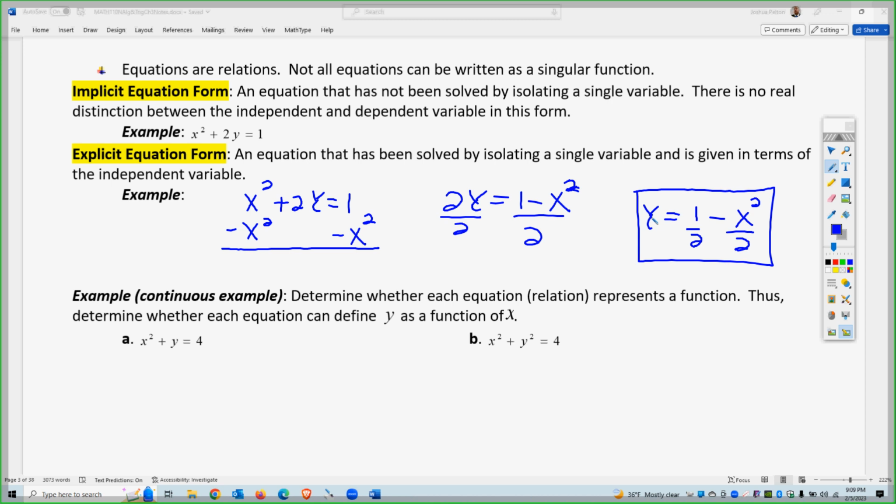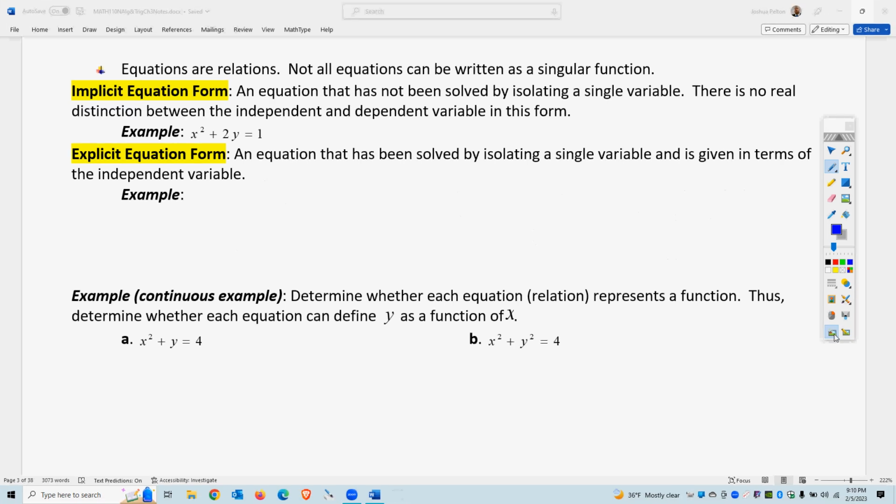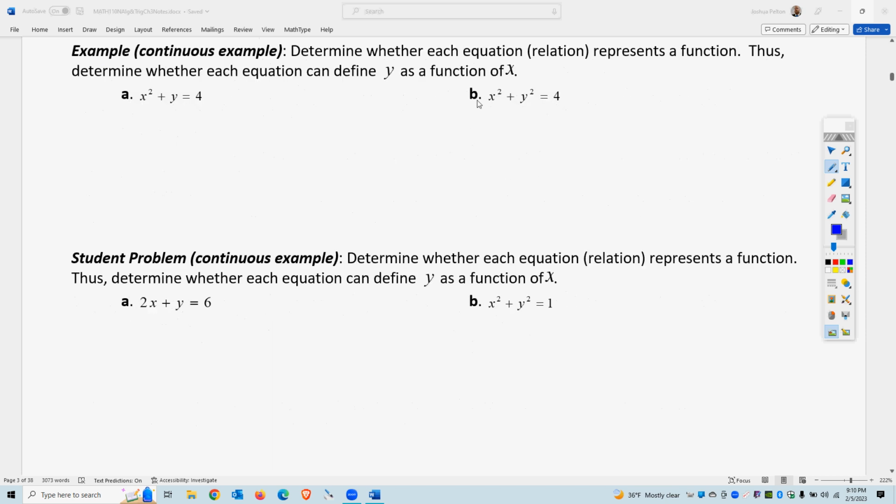All right, so these are the continuous examples, because you can put in any decimal you want for x and get out y's. Okay, so the question is, are these in fact functions? Let's get rid of this mistake here. We'll fix that.